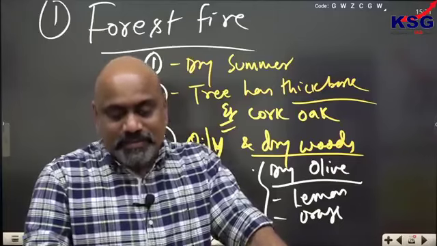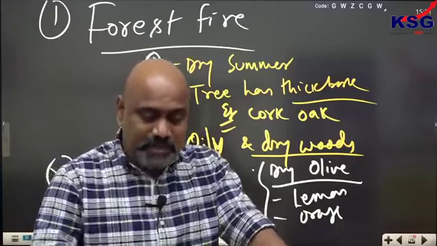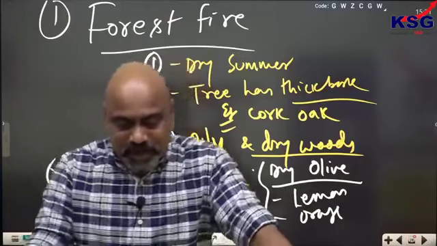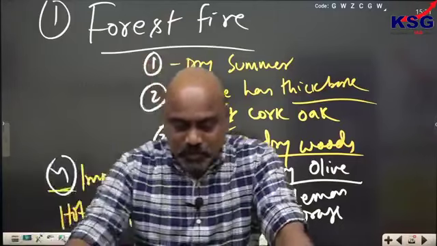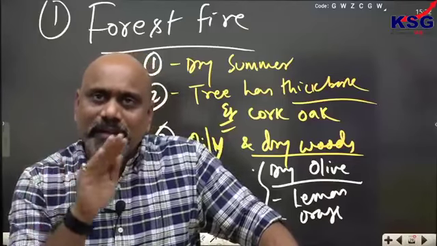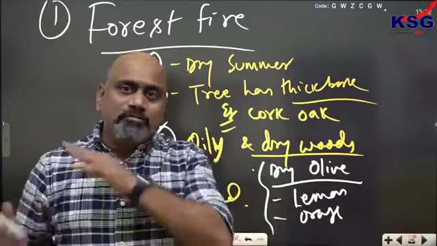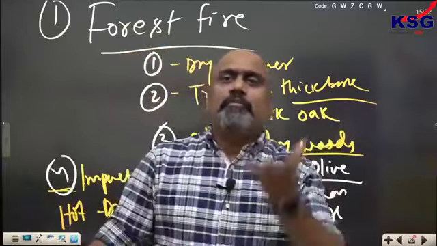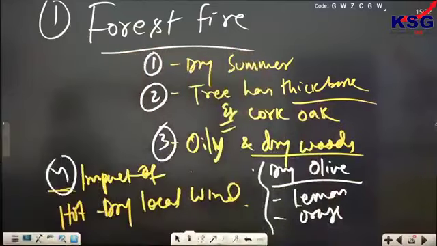Here is a very interesting point: one of your friends is saying minimum heat is needed for firing, because dry and hot local wind blows, friction will be there. Yes, absolutely correct. These are the factors. एक बार जल गया, अगर हवा नहीं है, अंदर ही रह गया, if there is wind it will blow, it will have flame, and this is the major cause of more forest fire in this region.